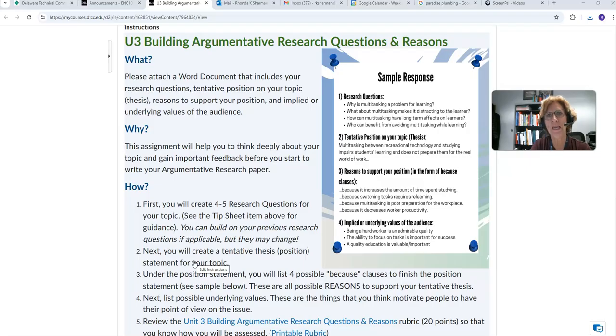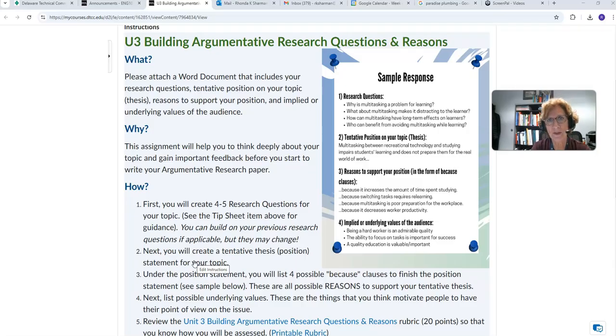So what we're doing, this is the start of Unit 3, which is our argumentative research essay. So now you're going to be taking a position on the debatable topic or issue that you've been discussing and investigating in Units 1 and 2. In Unit 2, you probably weighed in on your position, and now here in Unit 3, you're going to argue for it.